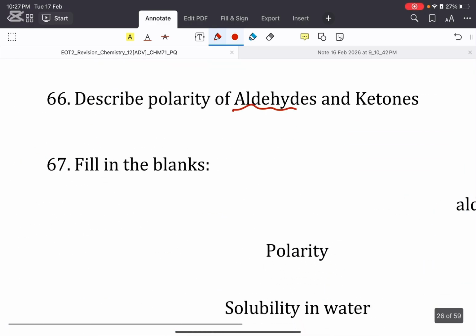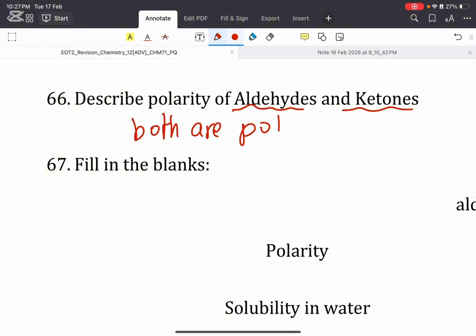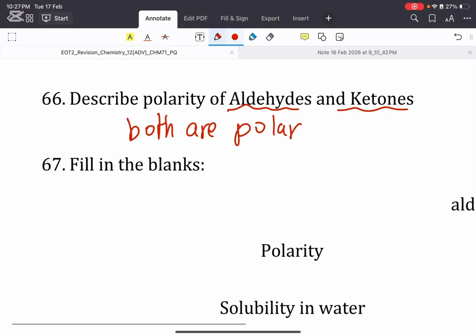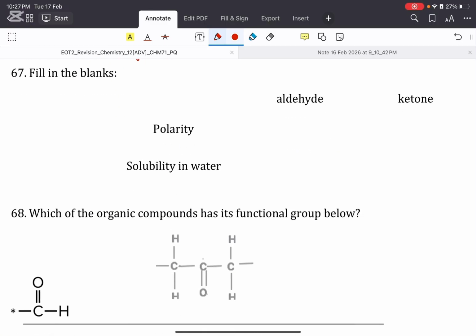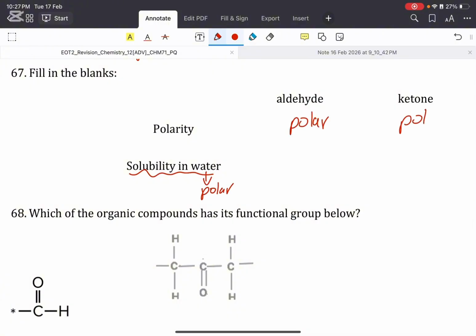Since aldehyde and ketone both contain oxygen atoms, both are polar. If they are polar, then they can be soluble in water, because water is polar and they are polar, so polar is always soluble in polar. So they can dissolve in water.